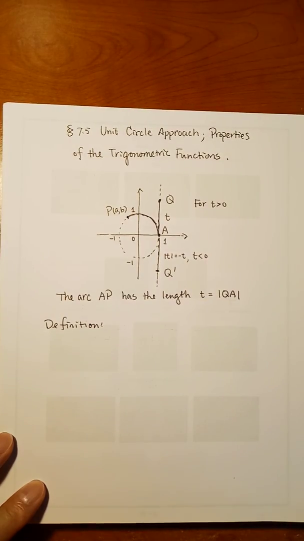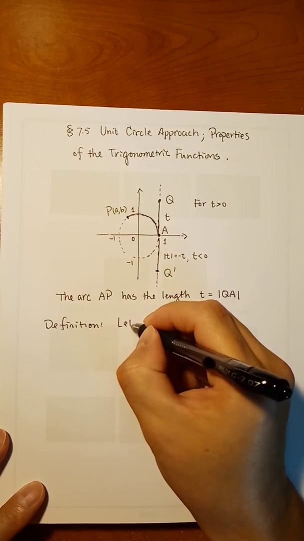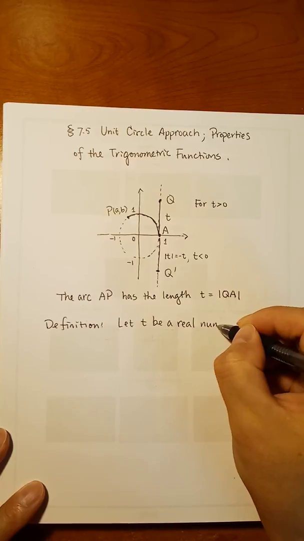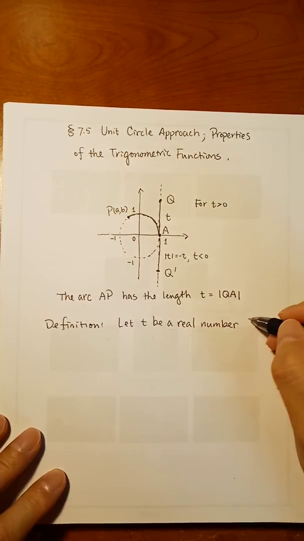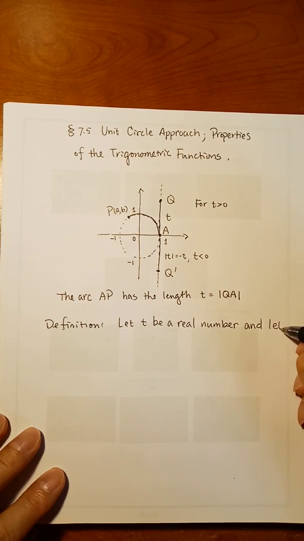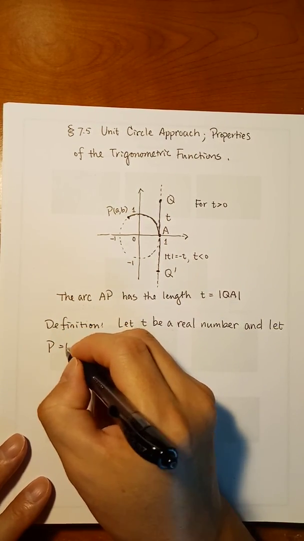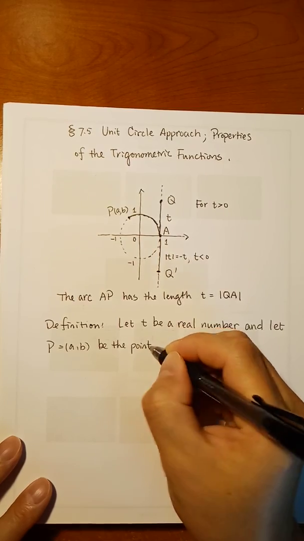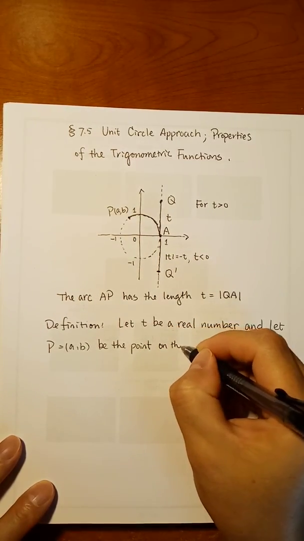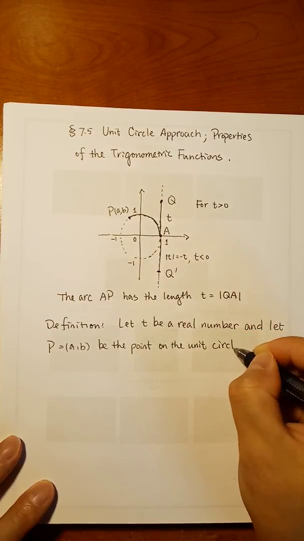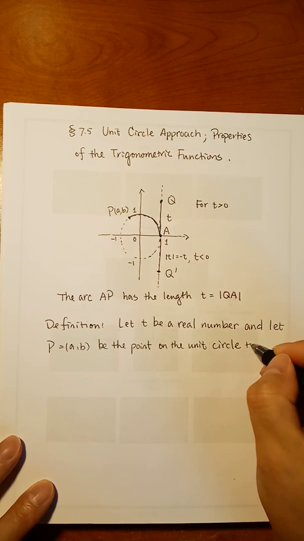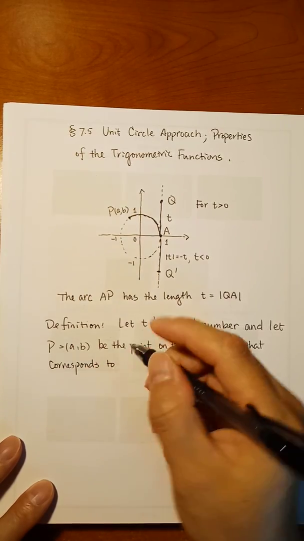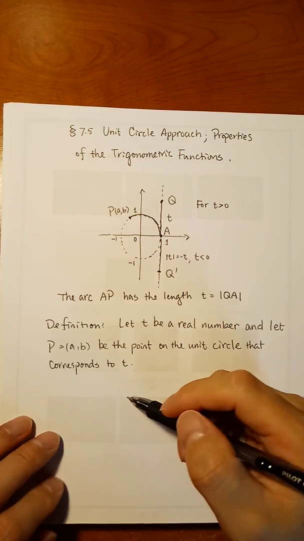Let t be a real number, and let P, which is (a, b), be the point on the unit circle that corresponds to t in this sense.